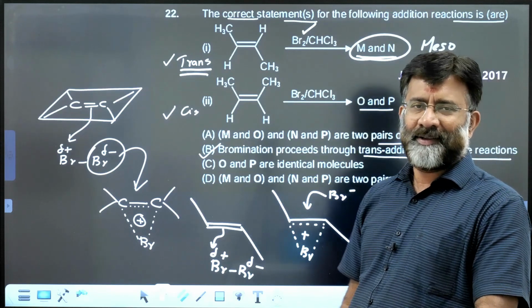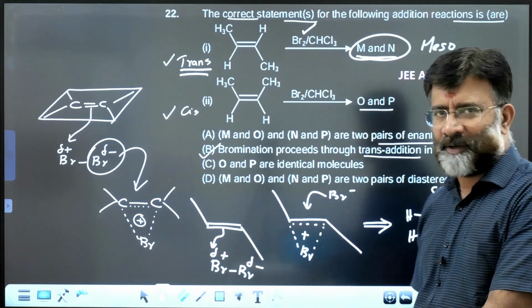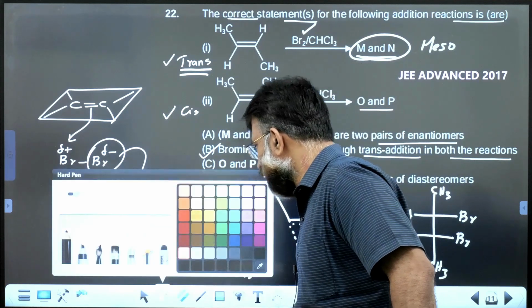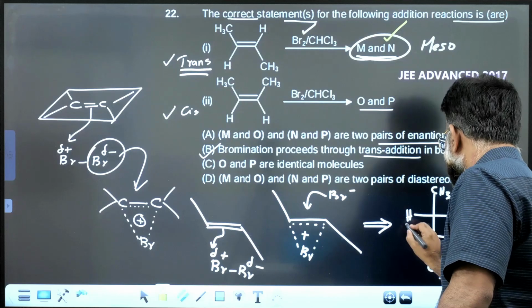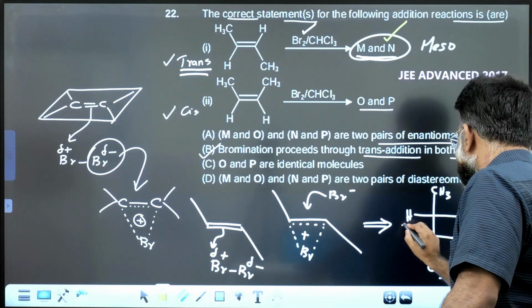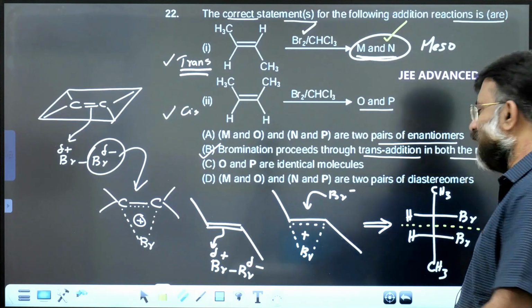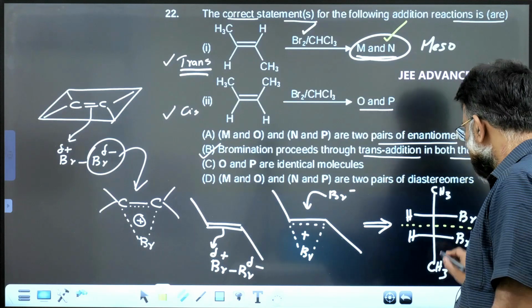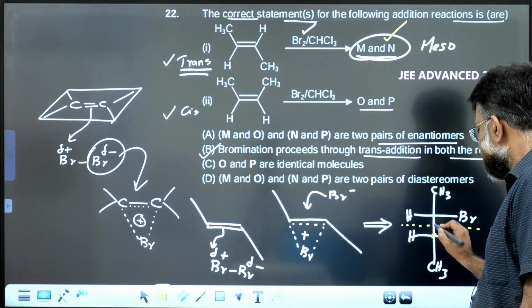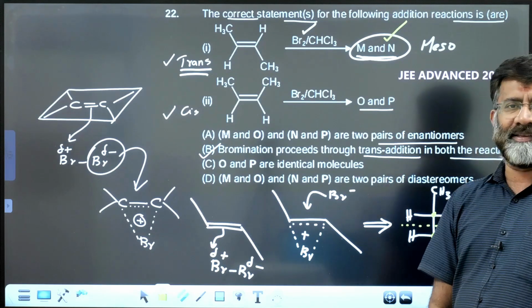A meso product is optically inactive due to internal compensation. In fact, I would say both M and N are the same, because this and its mirror image are the same, as it is optically inactive due to internal compensation. The rotation given by this chiral center will be cancelled by this.